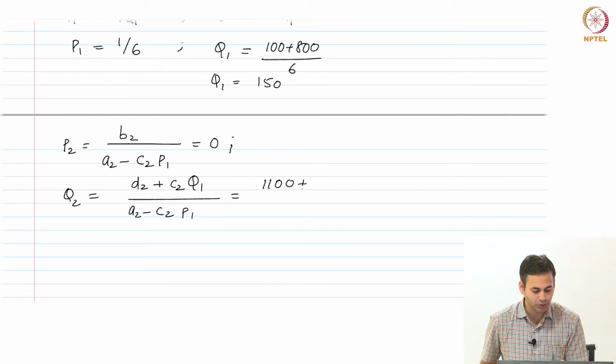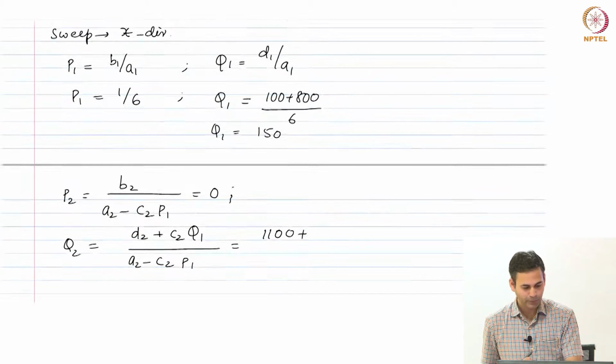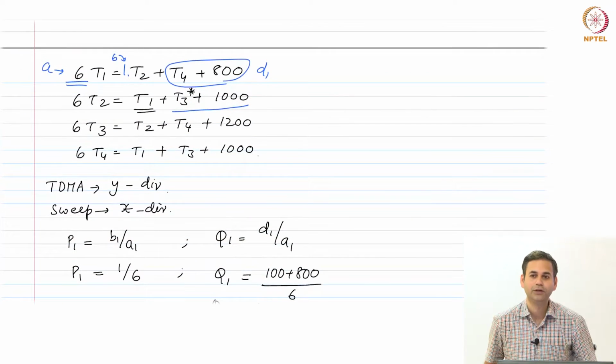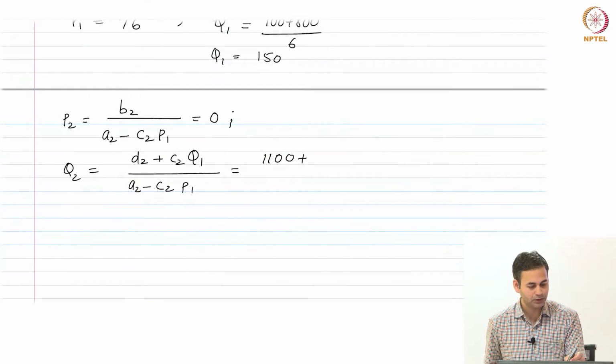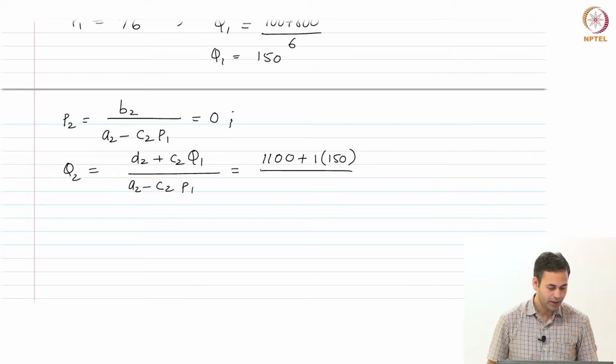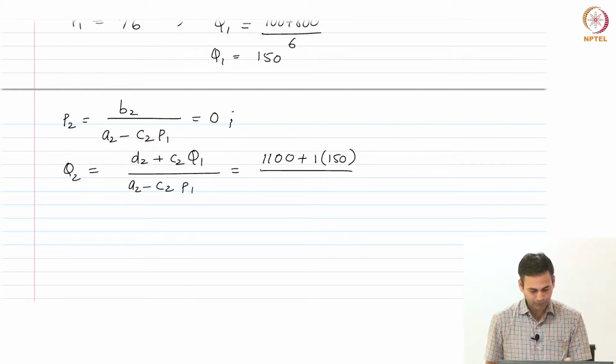That is D2, plus what is C2? C2 is the coefficient of i minus 1, that is 1. So, this is your C2, that is 1. So, we will come down. This is 1 times how much is Q1? 150, upon A2. How much is A2?